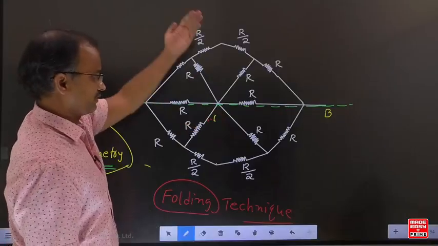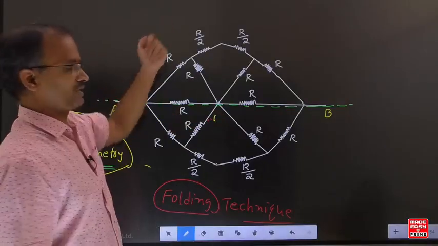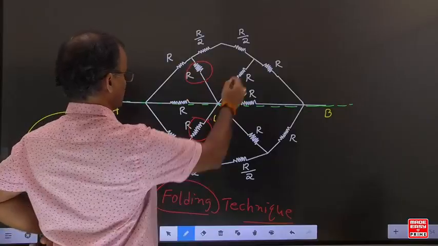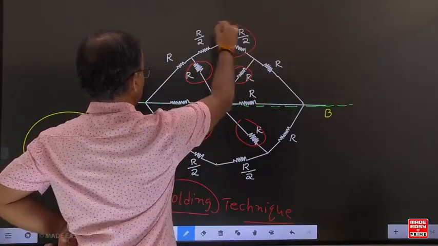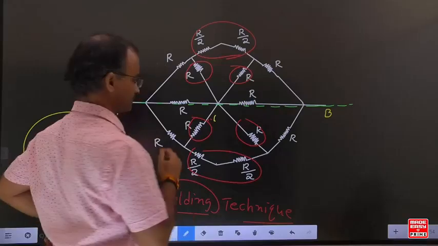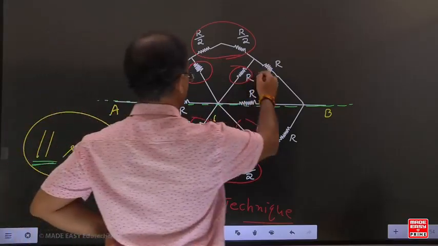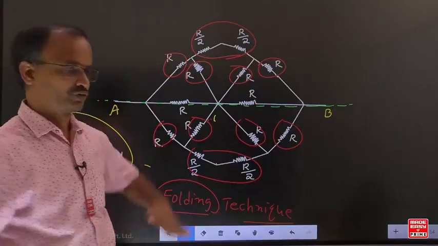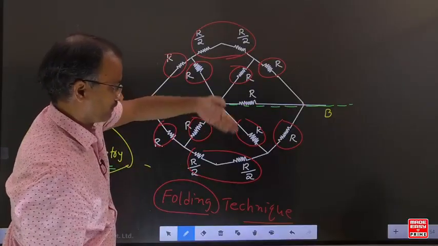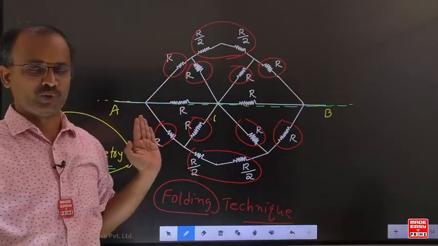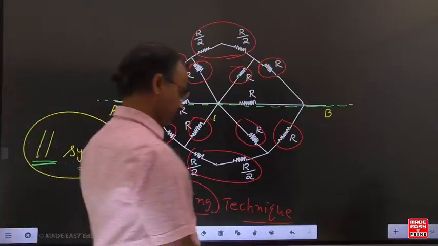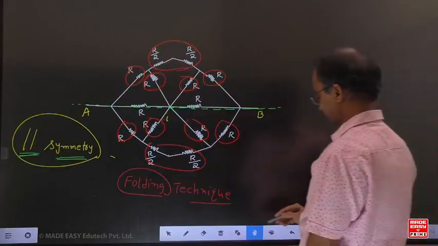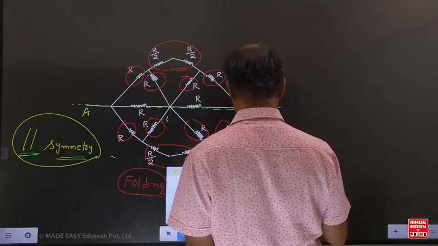Whenever you fold this upwards, each element becomes parallel to the other element. देखिए, this element and this element become parallel. This entire branch becomes parallel to this one. Similarly, this element and this element become parallel. क्यों बोलते, we are folding the lower part of the network upwards. When you fold this upwards, we can indicate like this.